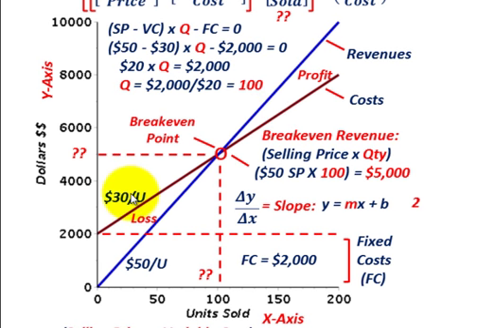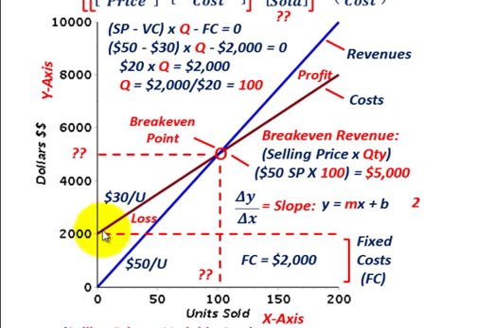But when we're talking about costing, we don't start out at 0. We start out at, in this case, $2,000, the fixed cost. The fixed cost is constant over our units sold, but then for our costing we have to add in variable costs, and in this case it's $30 per unit.